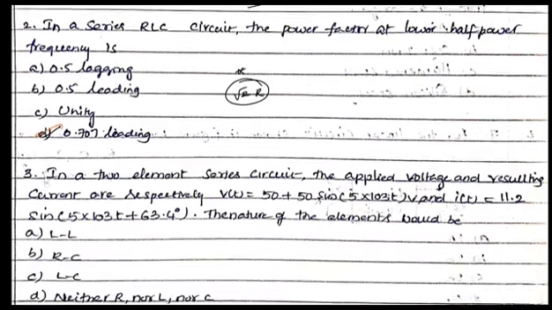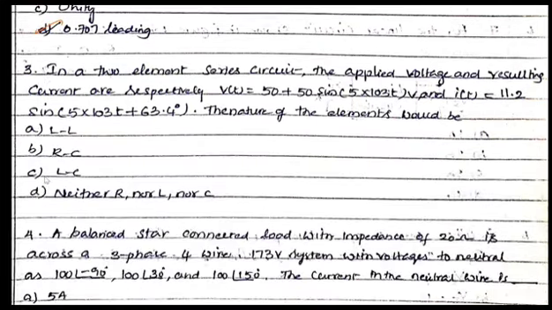Next question. In a two element series circuit, the applied voltage and the resulting current are respectively v(t) = 50 + 50 sin(5 x 10^3 t) volts, and i(t) = 11.2 sin(5 x 10^3 t + 63.4 degrees). The nature of the element is?